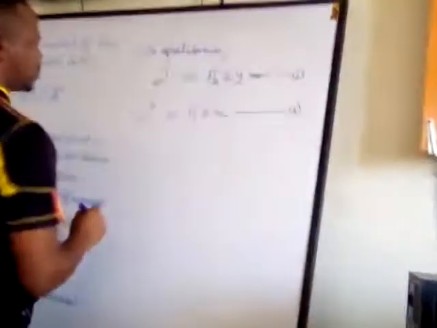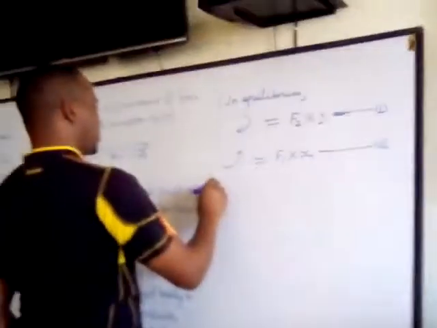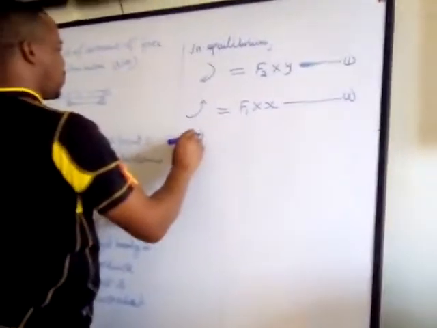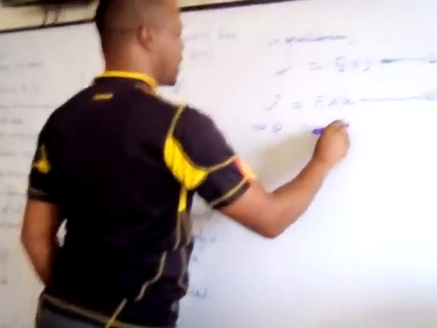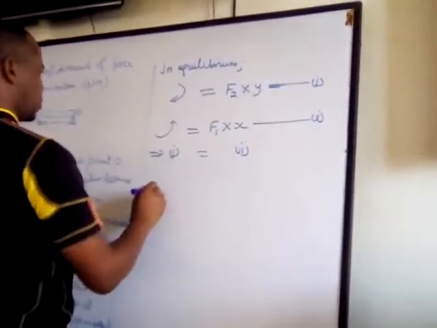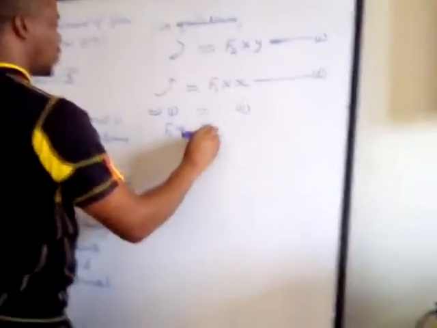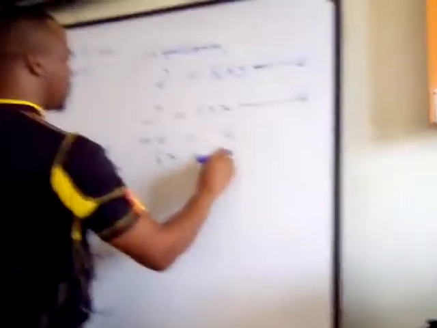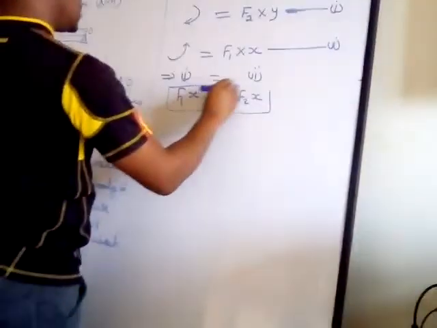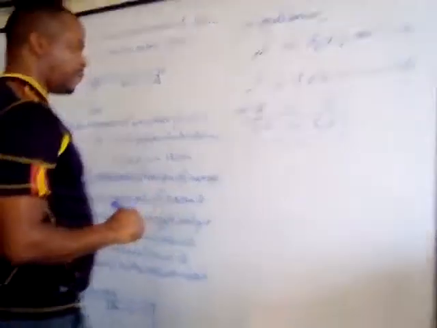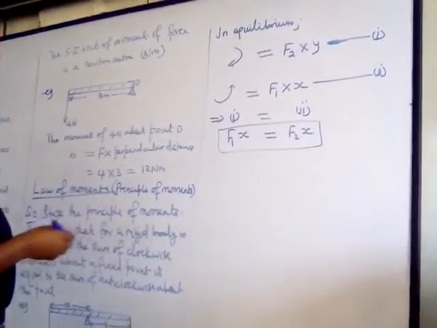So if 1 is equal to 2, then F1x will always be equal to F2y. This is the law of moments, but it is also a condition, as we shall shortly see.